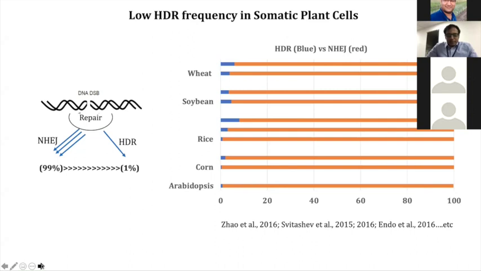So efficiencies are still low, but what I can say is HDR is an incredibly powerful system compared to any other DNA repair systems that we know of. For example, if you want to integrate a 1 kb or a 2 kb sequence without causing any disruption or unknown consequences in the genome, that can be done only through HDR.